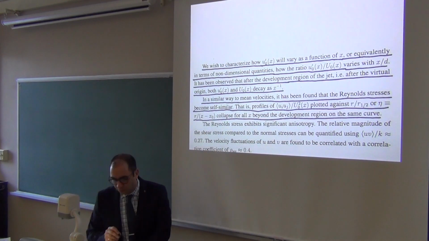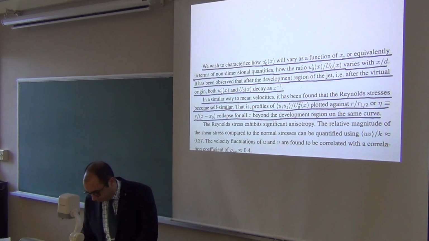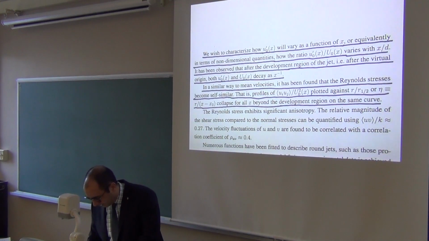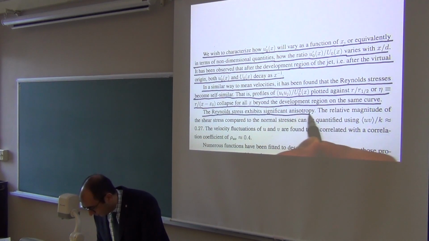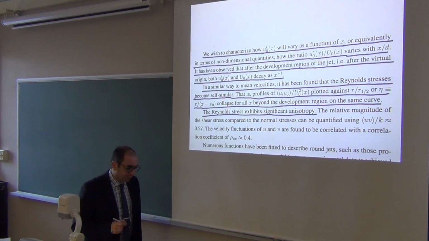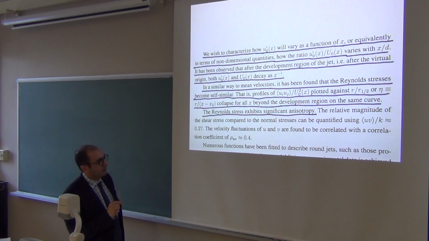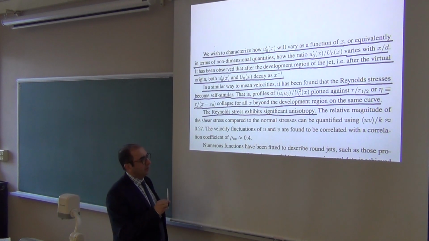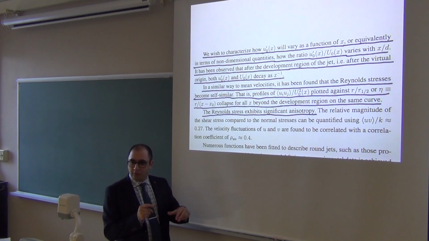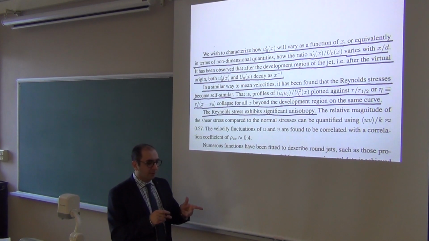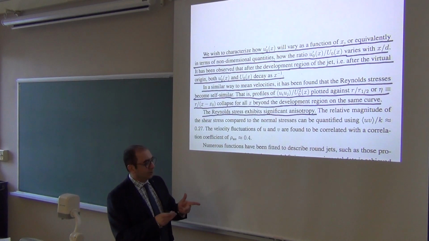Let me underline a few more sentences. The Reynolds stress exhibits significant anisotropy. So, if you remember, isotropy or anisotropy had to do with rotation of the coordinate system. And we said for a given coordinate system, you might measure certain fluctuations or components of Reynolds stress.